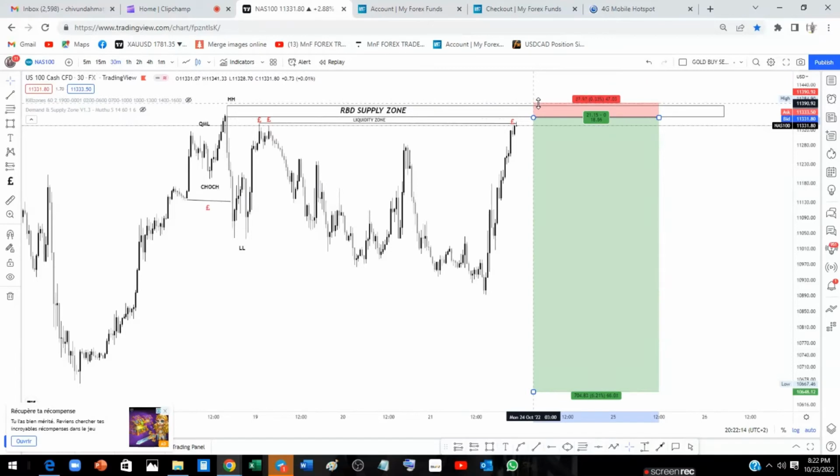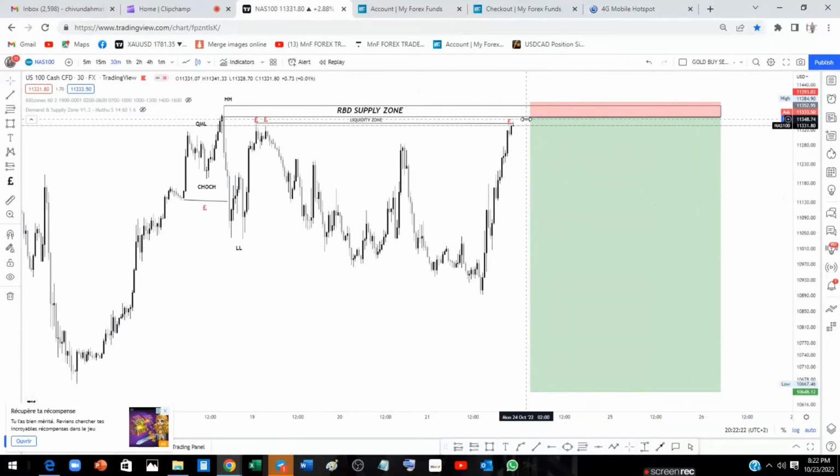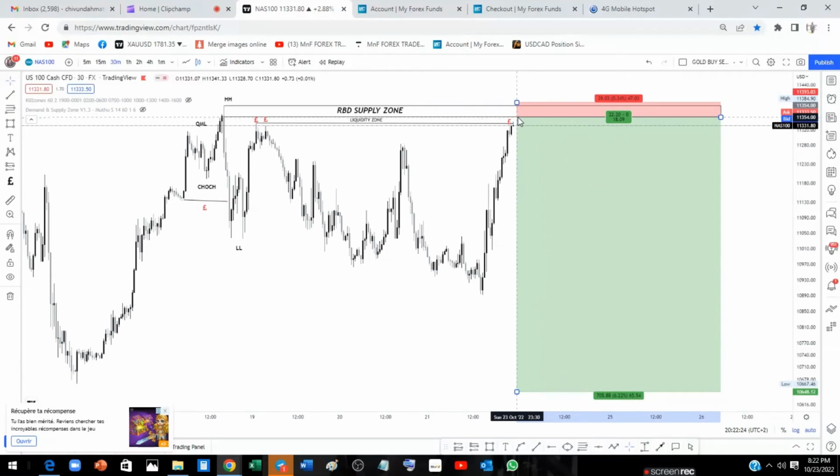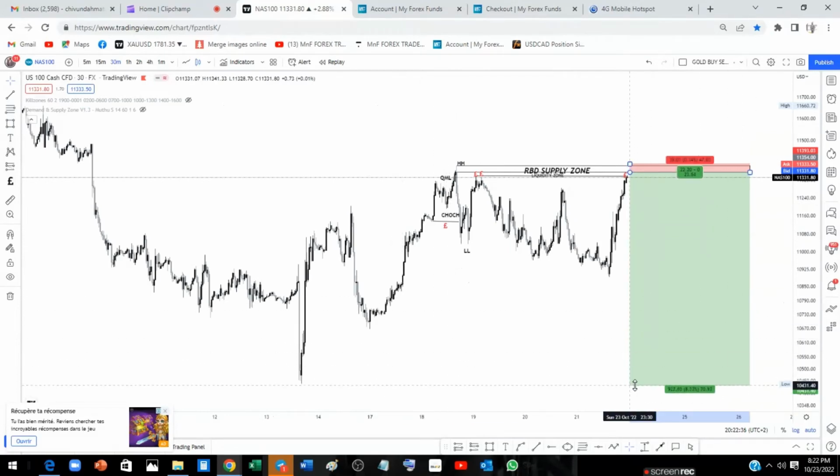Let me just see, something like that. So about 40 pips, slightly about 40 pips right there. Stop loss about 40 pips, and our target is this level right here, this lower low which is created right there.